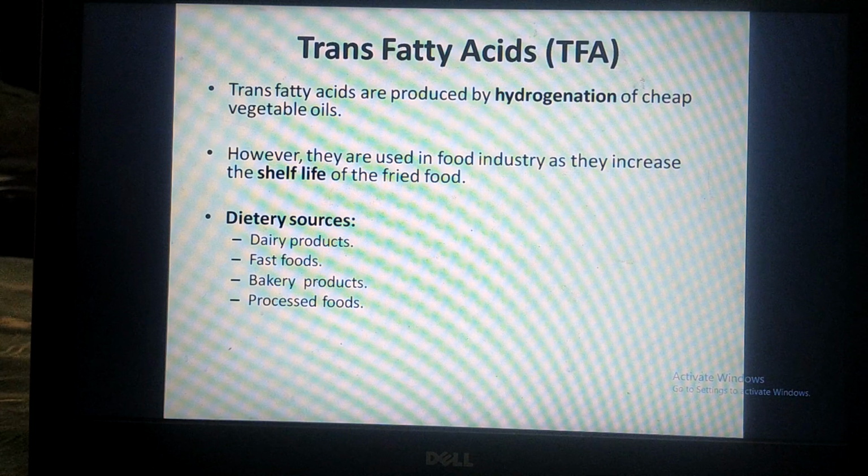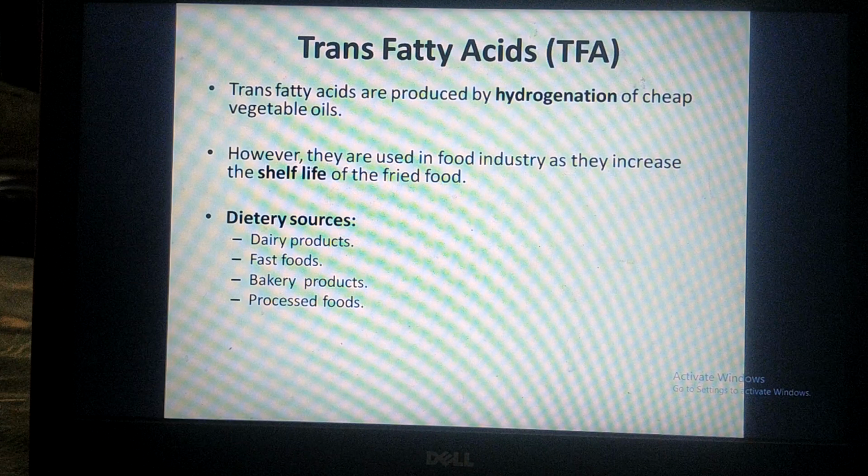These unsaturated fatty acids are easily oxidized by free radicals and peroxidase, which will impart unpleasant taste and smell to the vegetable oil. To prevent that oxidation of unsaturated fatty acid, it can be converted into saturated fatty acid by hydrogenation, so that their shelf life is increased.